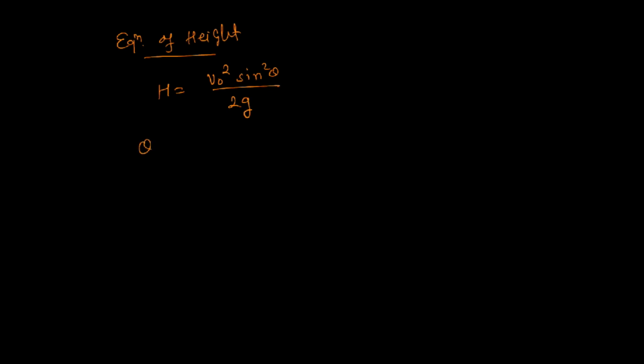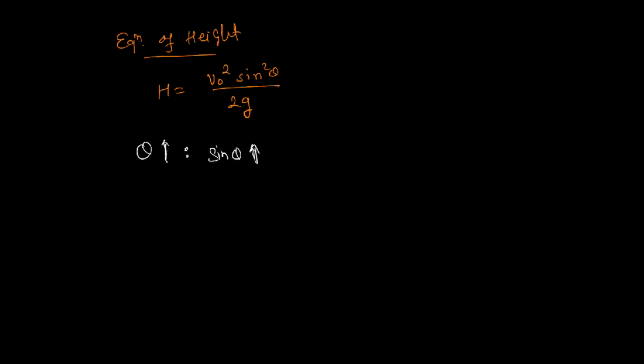So from this, if theta is high, it means sin theta is high. You write it in this way, it's quite helpful to understand: if theta increases, sin theta increases.